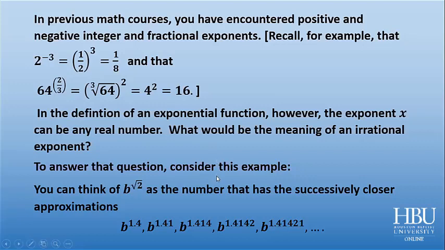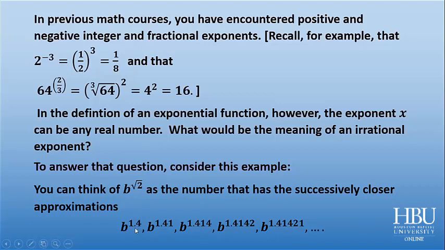To answer that question, think about this example. Suppose you had some base b raised to the power square root of 2. What would that mean? Think about the decimal approximations for square root of 2 that are getting more and more accurate as you carry the decimal approximation out to further places.